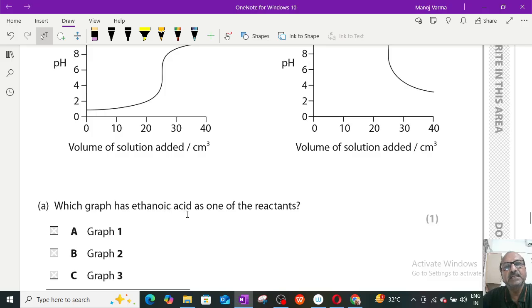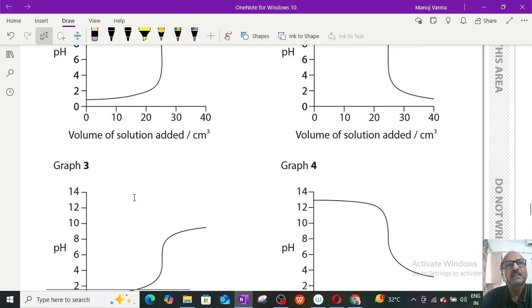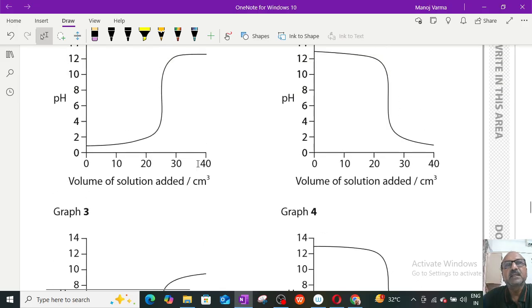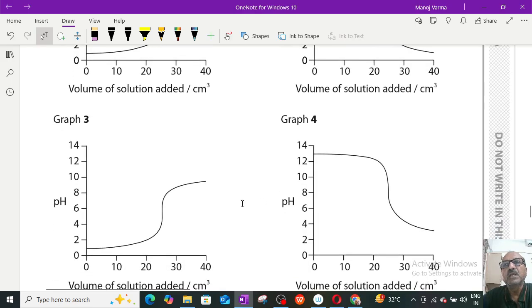Ethanoic acid is a weak acid, so either the starting pH should be about 3, so this is not correct, this is also not correct, or the ending pH would be about 3 if it is taken in the burette.